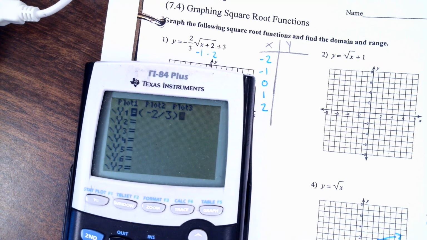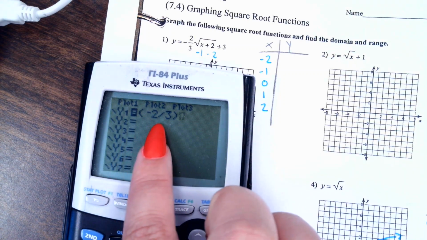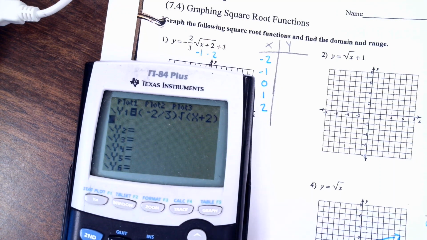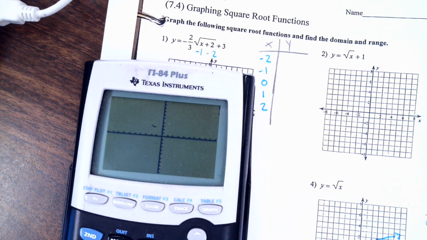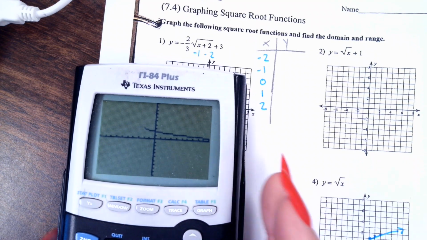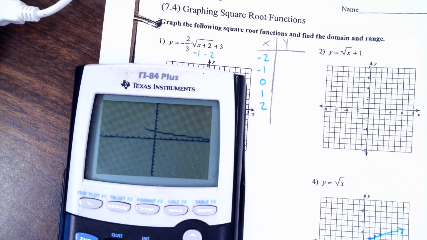I don't have them on this calculator, it's a little older. So I just do my fraction like this. If you do it like this, make sure it's in parentheses. Times the square root of x plus 2. And then on the outside, we have plus 3. If you want, you can kind of preview what your graph will look like. So that's what our graph should look like. But we want to make sure we complete our table so we have points we can put on our graph.